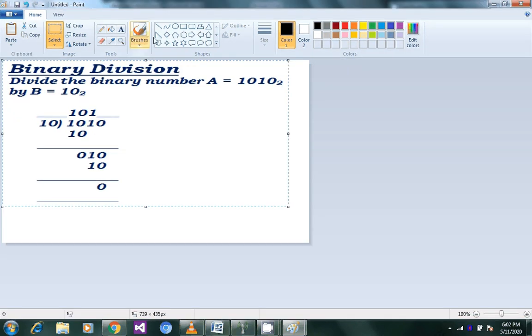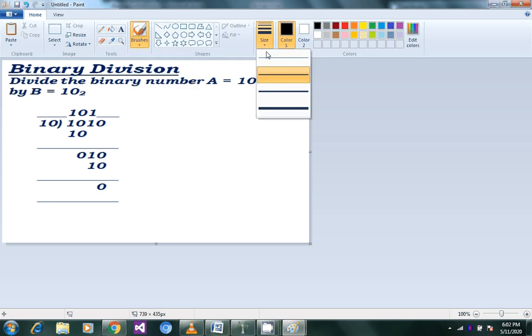As you see here, when this 10 divides this 1010, 10 by 1 gives 10, then the result is 0.